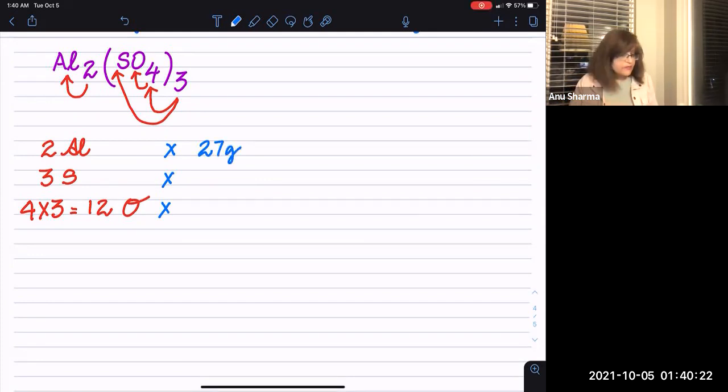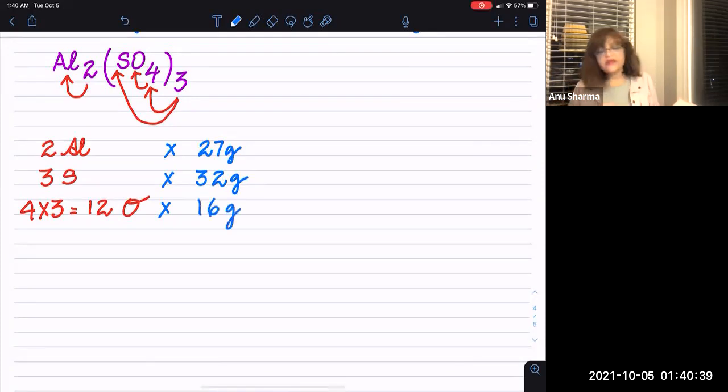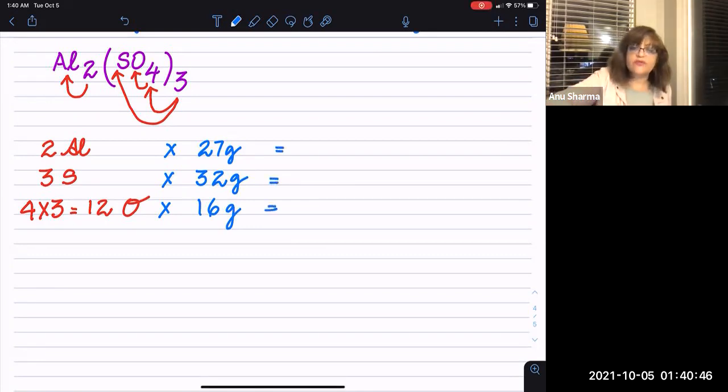Then sulfur is 32.02, so 32 grams. And oxygen is 16 grams. Now when you multiply them, let's see what we get.